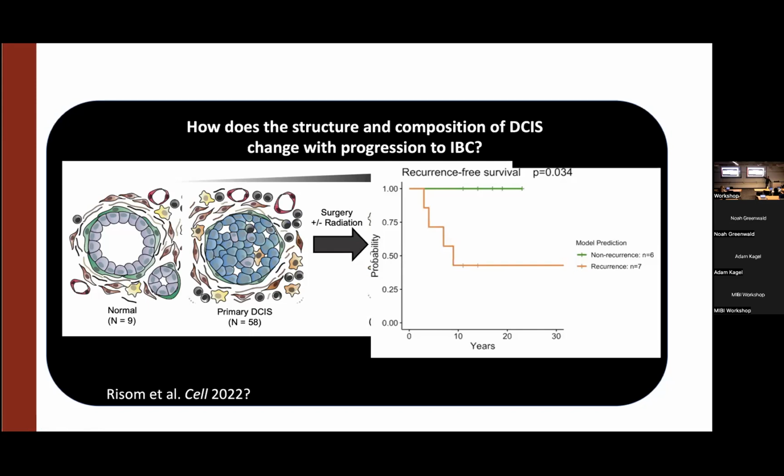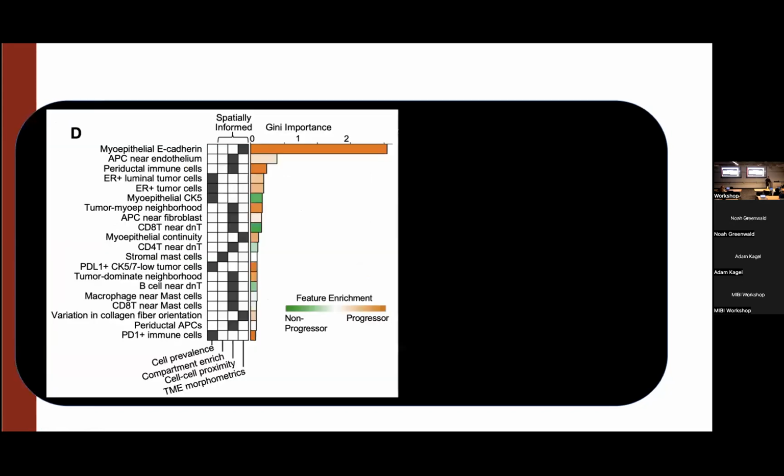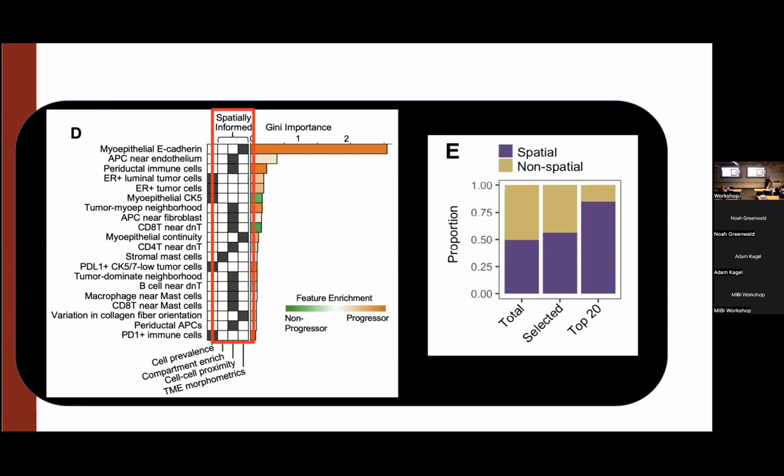So they ended up finding this really cool signature that, from diagnostic samples of pre-invasive cancers, was able to bifurcate and almost entirely predict people that were actually going to advance to this more aggressive stage where action needs to be taken. And the important part is that when you look at the top features driving that, all of them you could say are single cell features, but more importantly, the vast majority of those features were spatially defined, right?